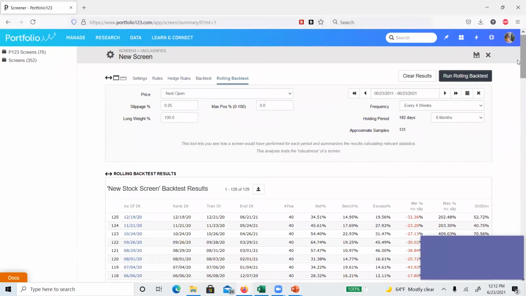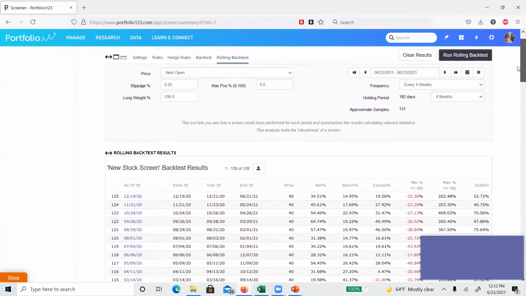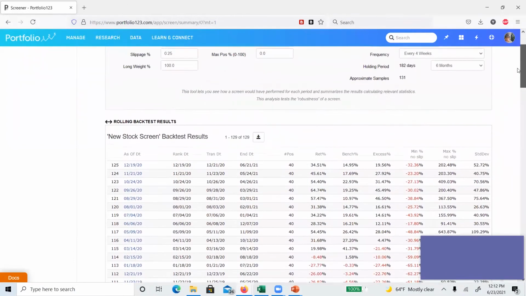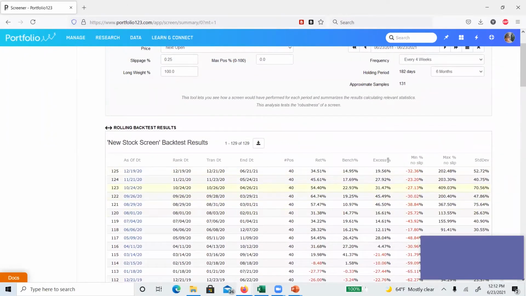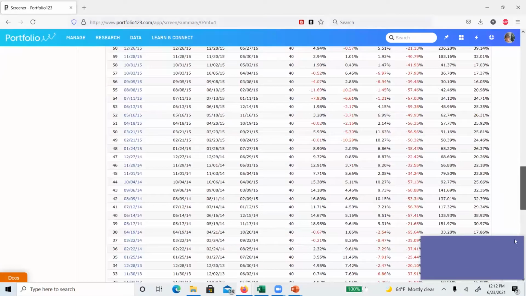Instead of a chart, an equity curve, it just gives me a list of what happened each week. And this excess return column is what I always look at first. I can see that most of the time it did pretty well, but sometimes it didn't.